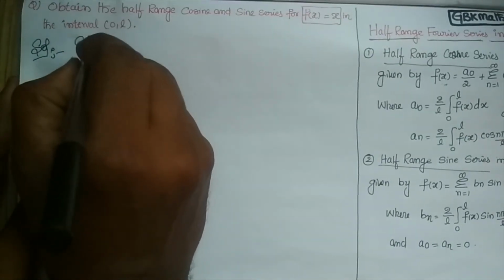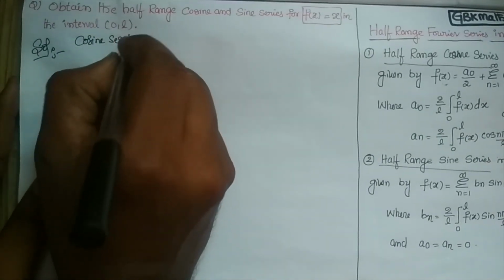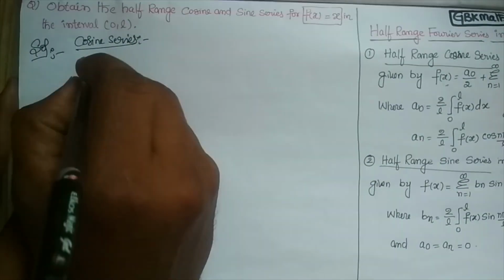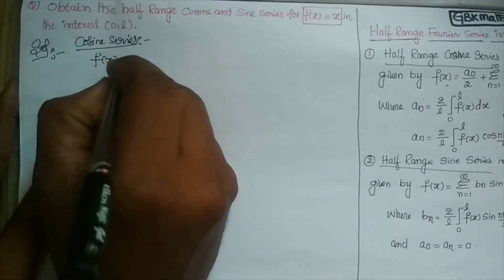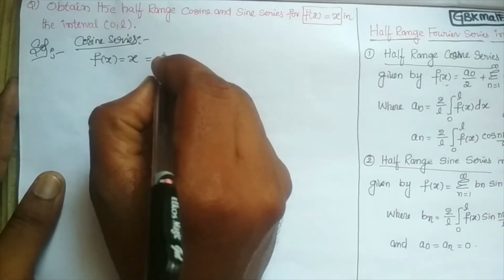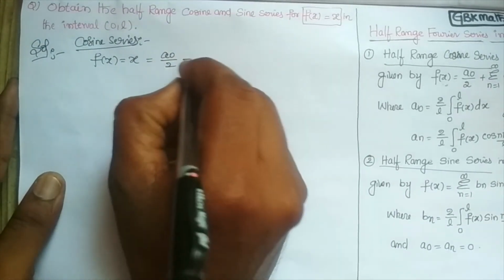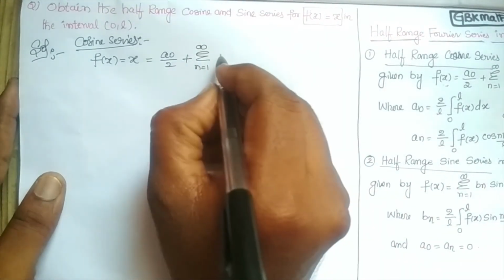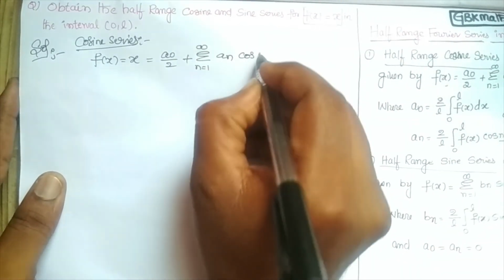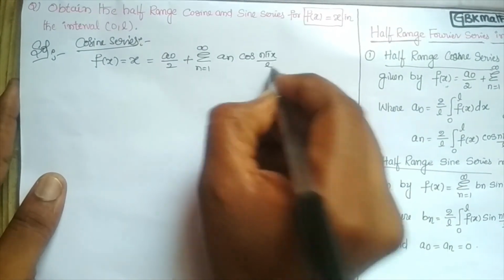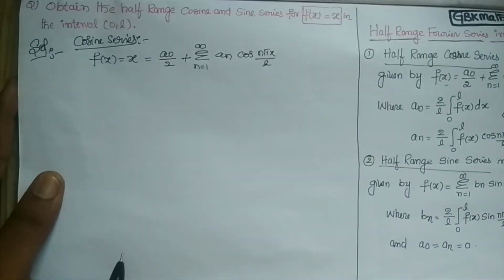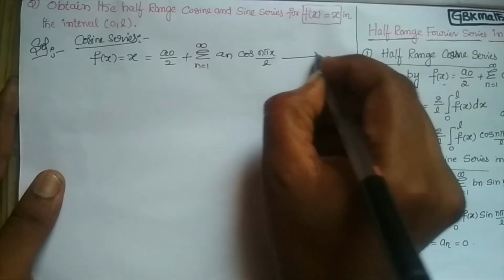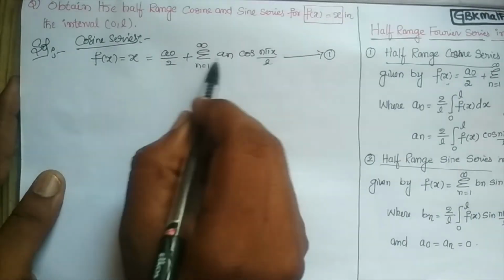Let us define the cosine series according to this formula: f of x is equal to x is equal to a0 by 2 plus summation n is equal to 1 to infinity an cos n pi x by L. This is called equation number 1. Here the unknown values are a0 and an.